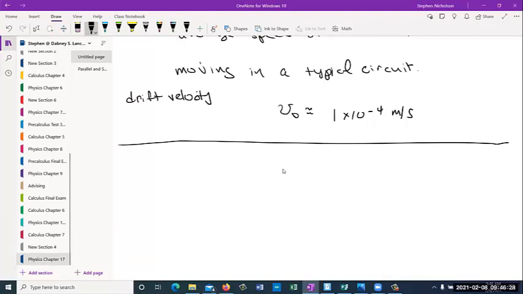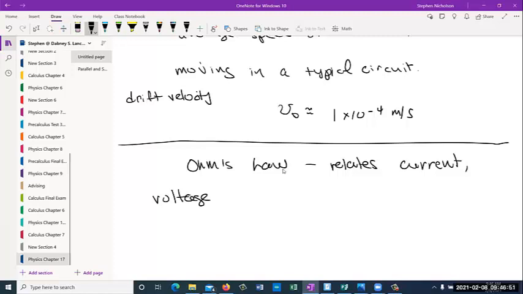How do we know how much current flows through a conductor or a resistor? Well, we use Ohm's law for that. What Ohm's law does is it relates current and voltage for an electronic circuit.